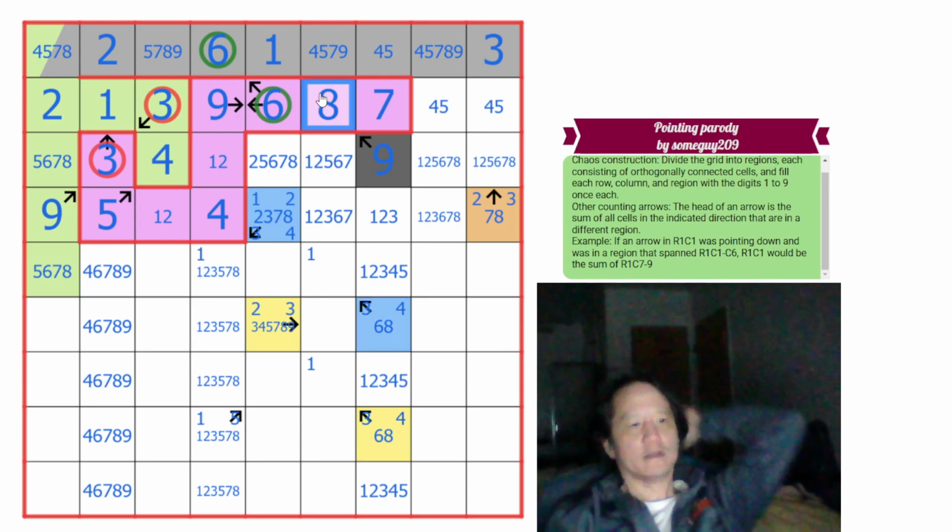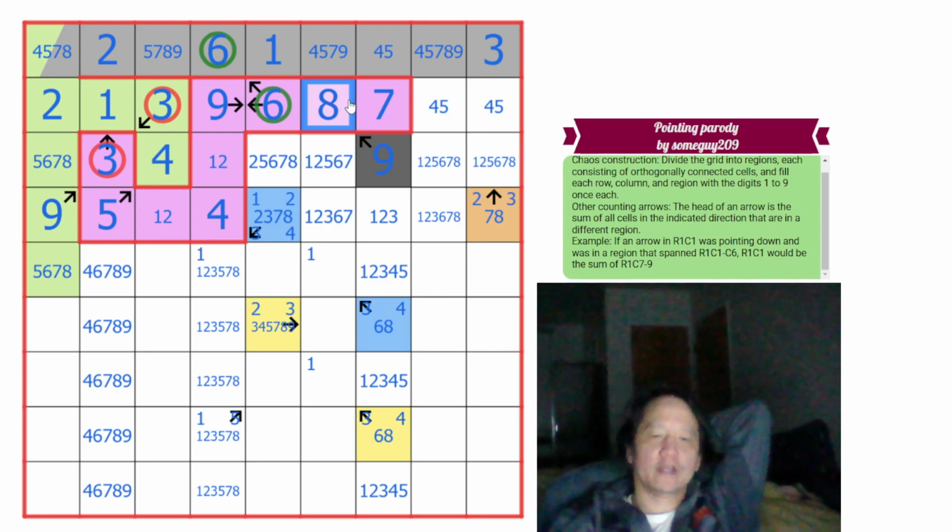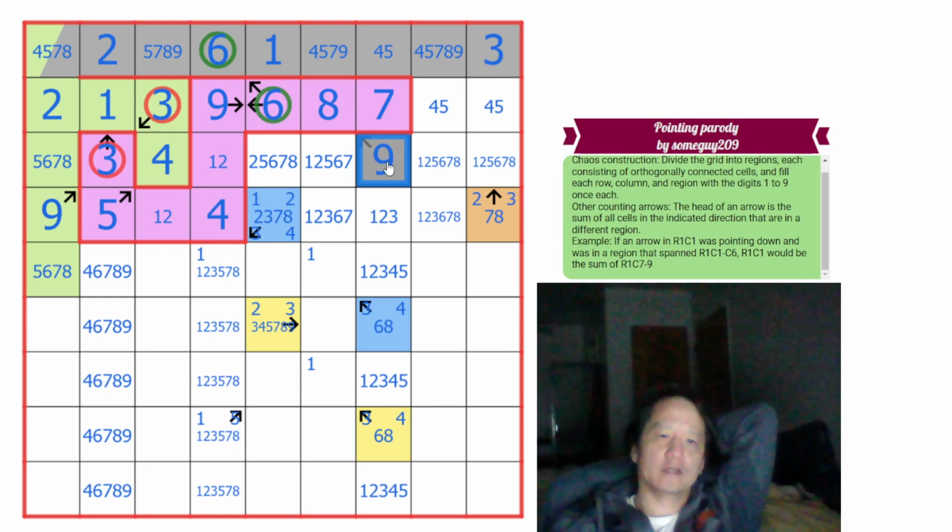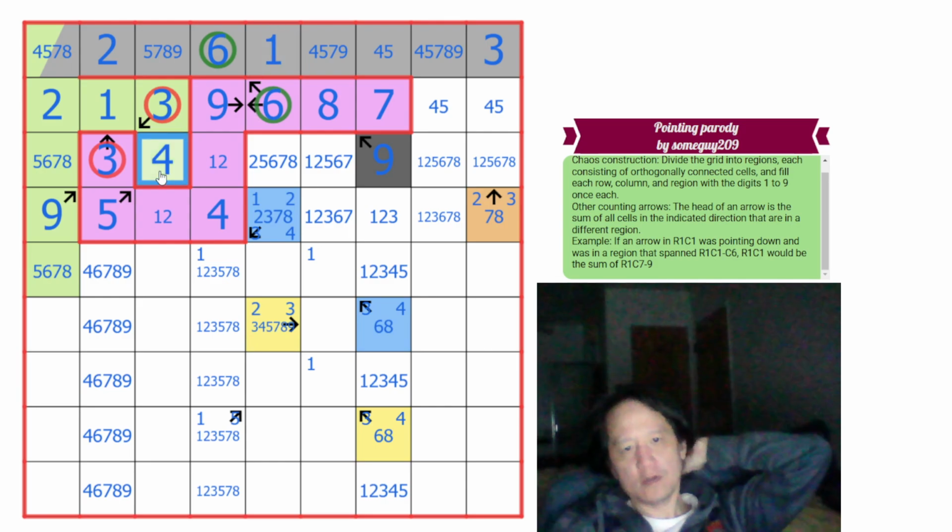So again, if this is either 7 or 8, this is 7 or 8. If this was 7, that would force this to be 8. Right. This has to be 5, 4, and 1 because this can't be anything but 4.